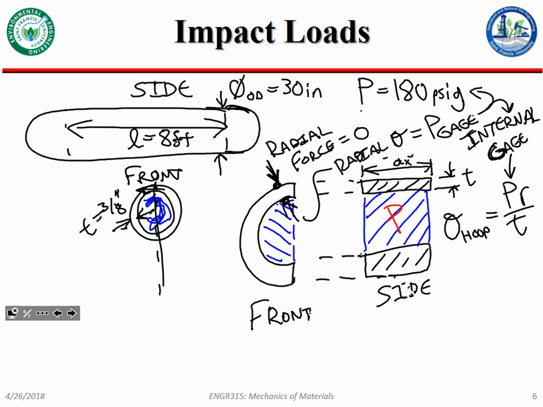No matter what, these walls have to react the force created by that pressure. Like if we don't want this thing to blow up, they have to react whatever force is created by that pressure. Therefore, that P is always the internal gauge pressure. The only thing that it being inside or outside changes is what your radial force is.